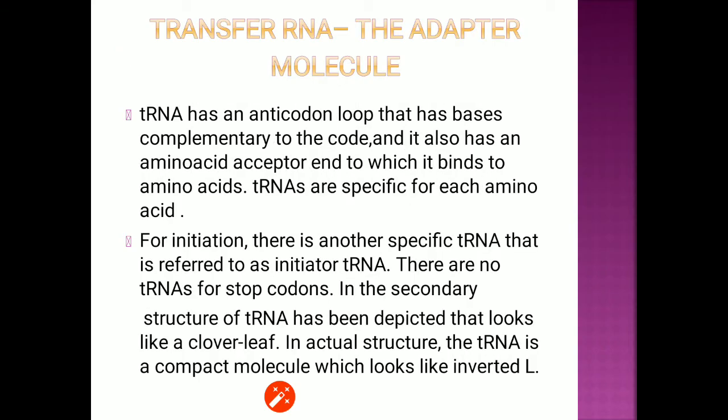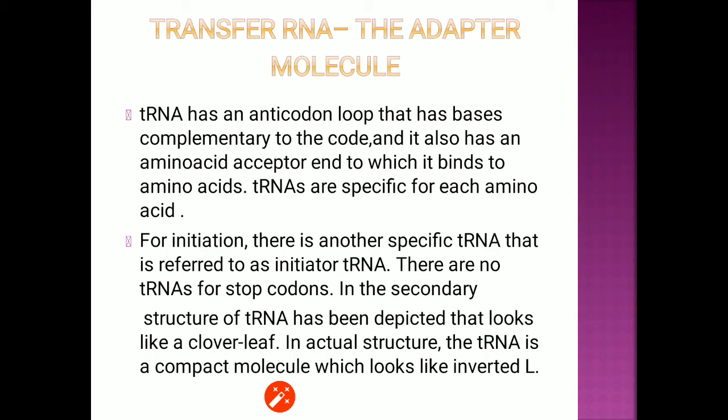Now, how the transfer RNA acts as an adapter molecule. Transfer RNA has an anticodon loop that has bases complementary to the code, and it also has an amino acid acceptor end to which it binds amino acids. Transfer RNAs are specific for each amino acid.